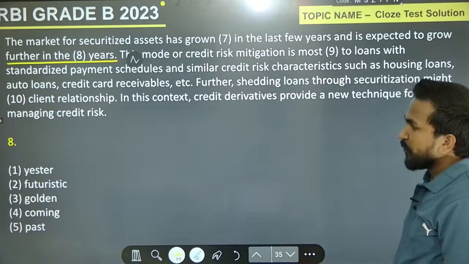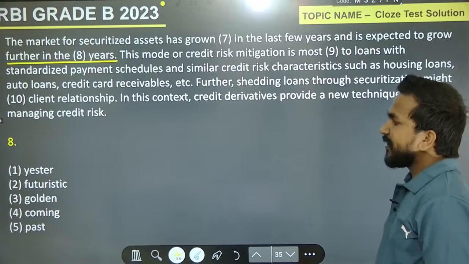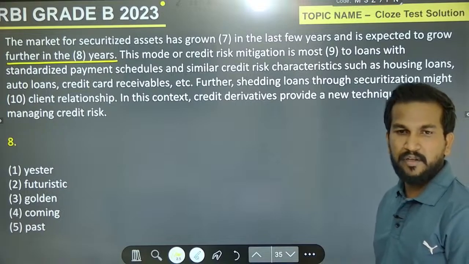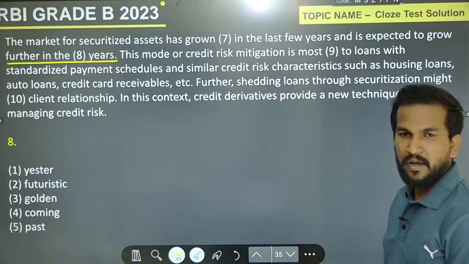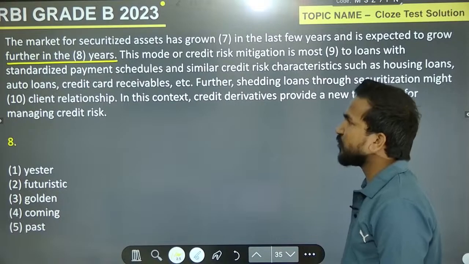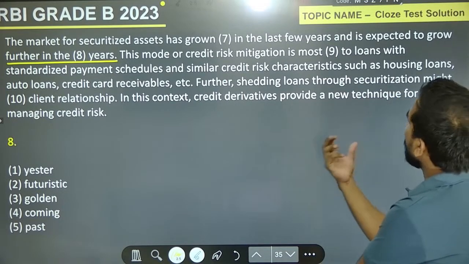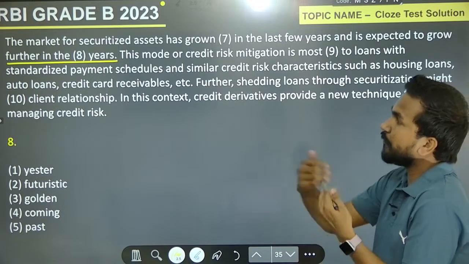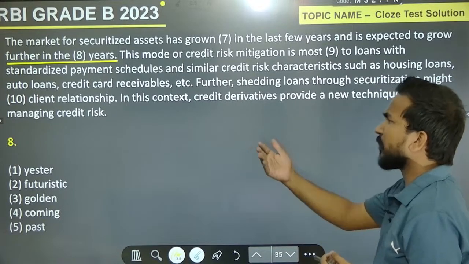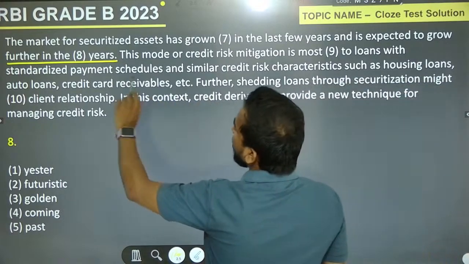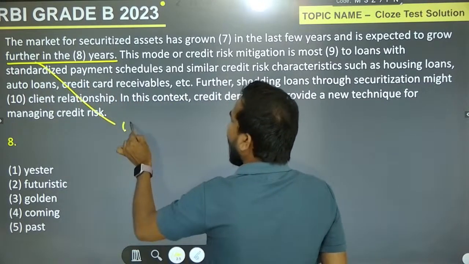Yes, sir. Futuristic, golden, coming or past. What must it be? Yes, it must be impressively. Devinder, perfect one. Now we have the next question. The market, what we are talking about in the last few years, and is expected to grow further in the blank years. If we are going for the word further, that will be upcoming.